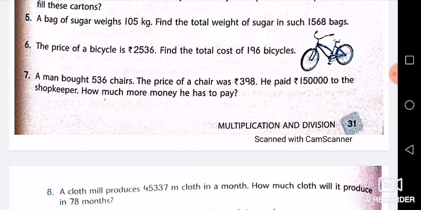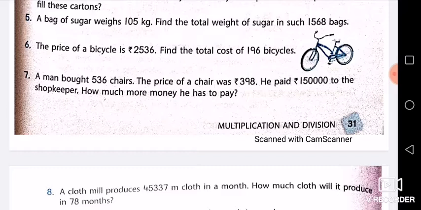Now how much more money he has to pay? Now this question is same as that question number 4. Now price of one chair is given, that is 398. You have to find out price of 536 chairs.